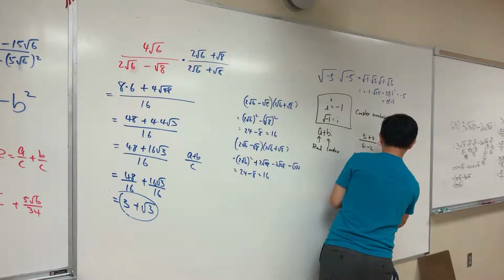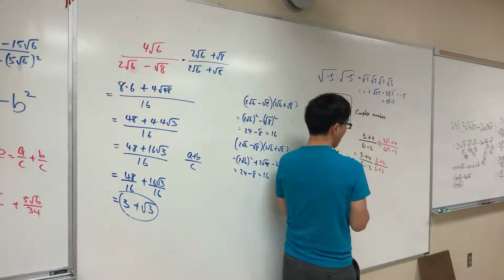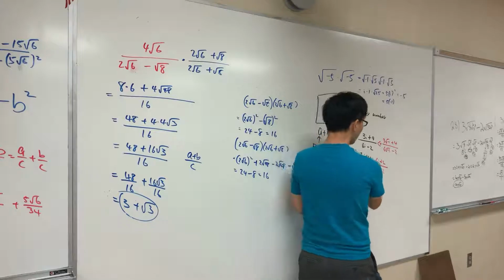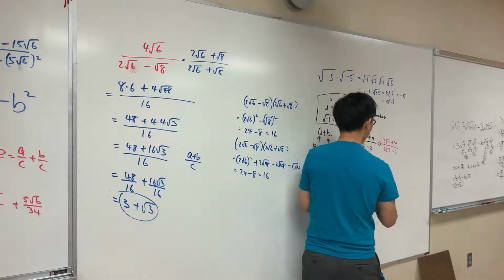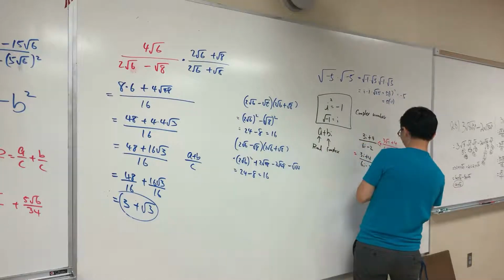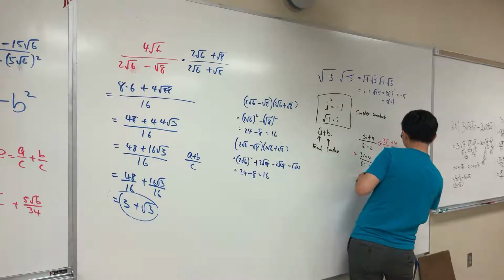So now I'm going to multiply it out. But guess what? It's a difference of squares, right? So can I just use a simplified version? That's going to be 36i squared minus 4, right?